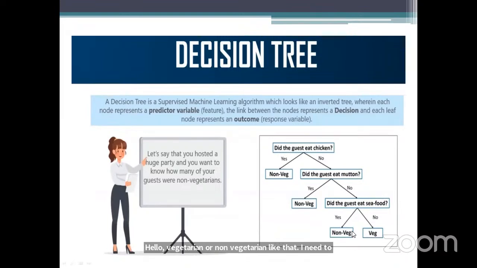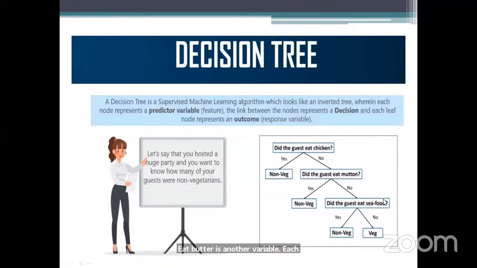The last outcome here is non-veg or veg. This is a classification algorithm because here you are predicting a categorical value. Each node over here represents a predictor variable. Chicken is one variable, mutton is another variable, seafood is another variable.